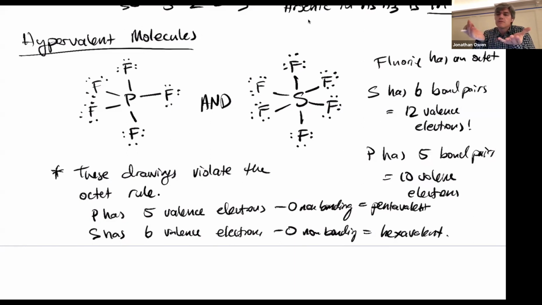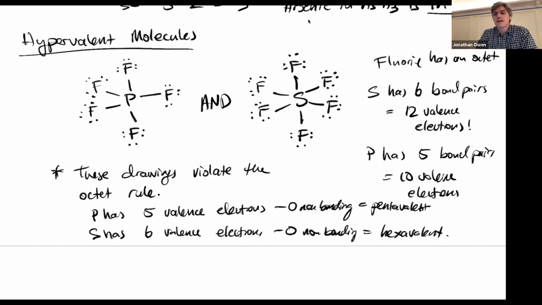The octet rule is really just a statement about which orbitals can participate in making bonds. It's really just the primary valence shell composed of the s's and p's in the third energy level in the case of phosphorus and sulfur that can participate in bonding. So you can't go beyond 8.